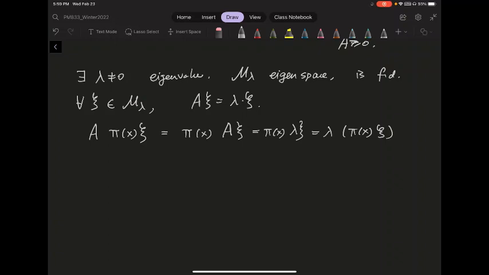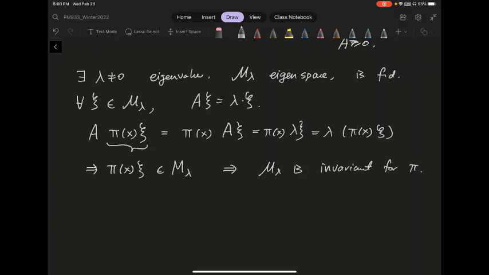So what you show is that A applied to this vector is also lambda times this vector, so this is still an eigenvector. Basically pi x psi is still inside M lambda. So in other words, your M lambda is invariant under pi.